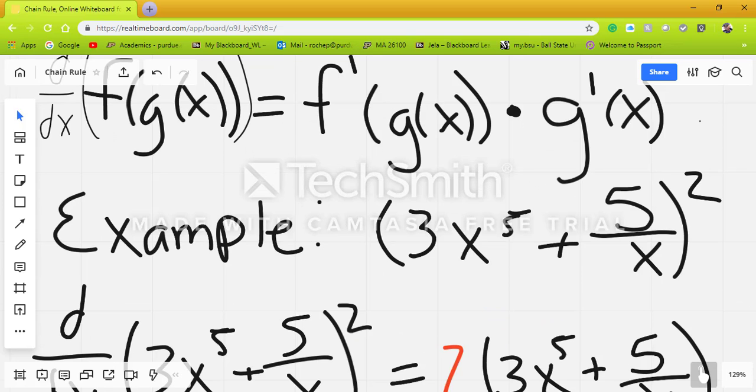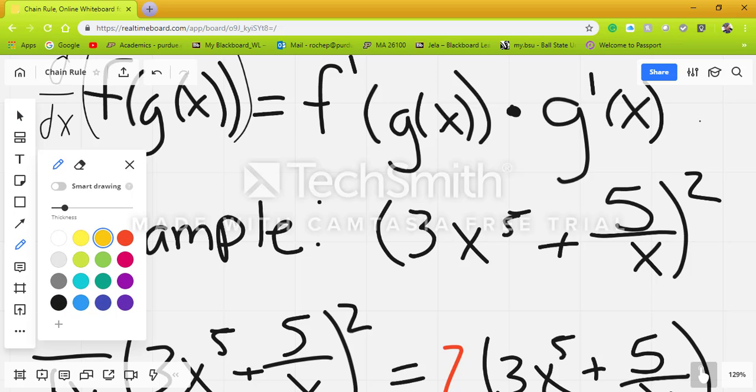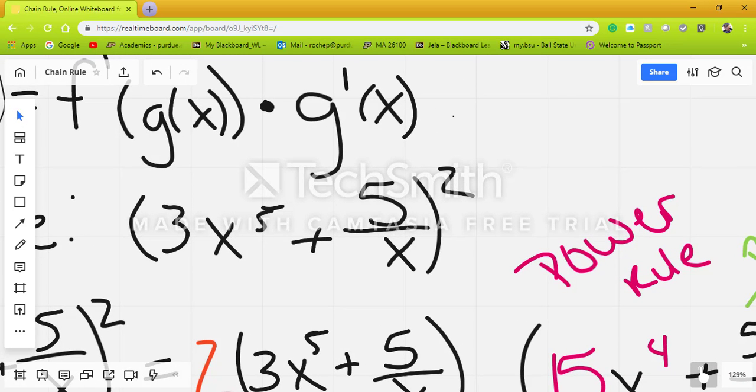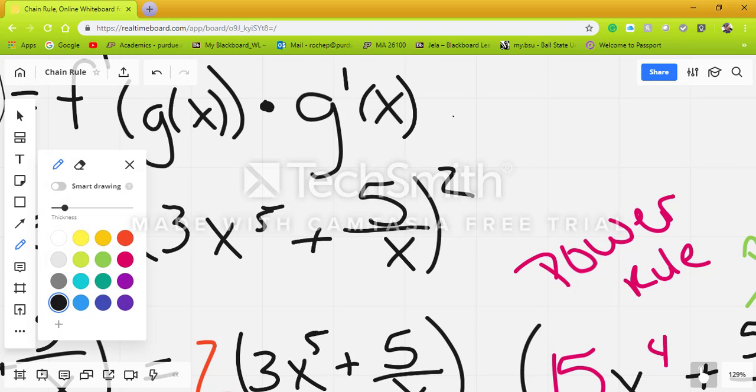Okay, so for an example, we have 3x to the 5th plus 5 over x, quantity squared. So our f function would be everything outside of the parentheses. So in this case, we could say that f equals g of x squared temporarily.